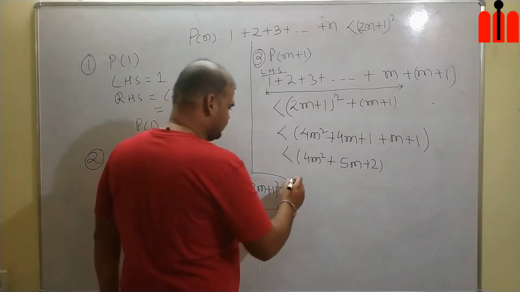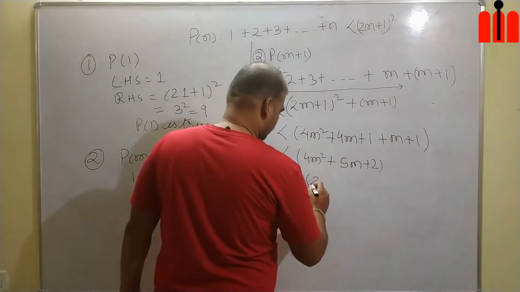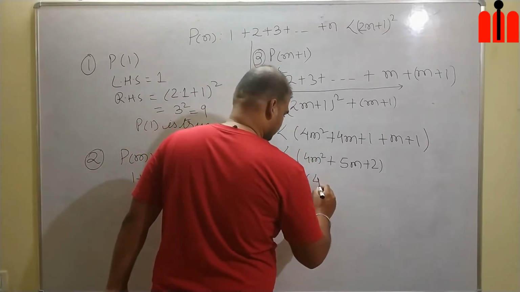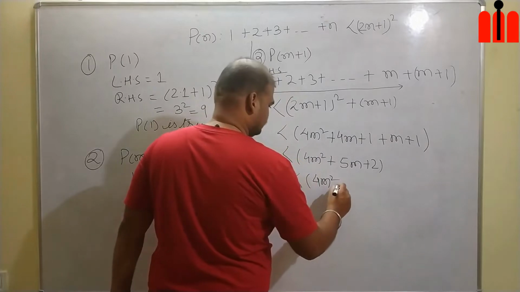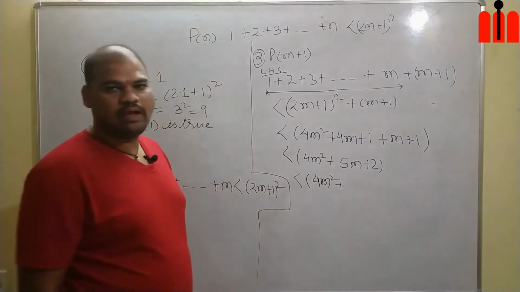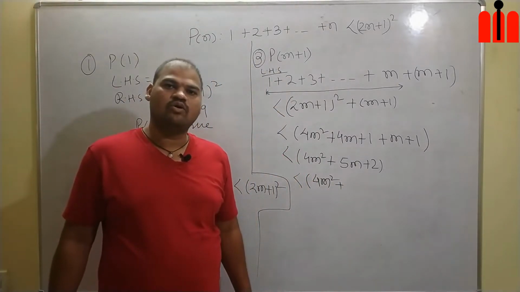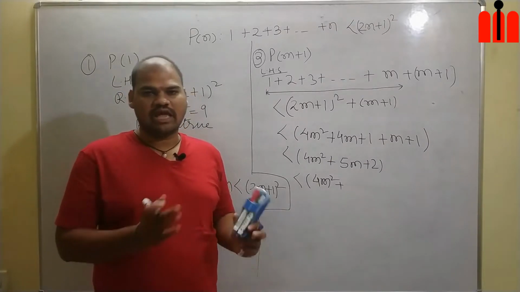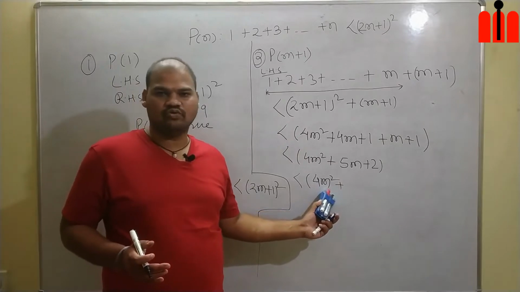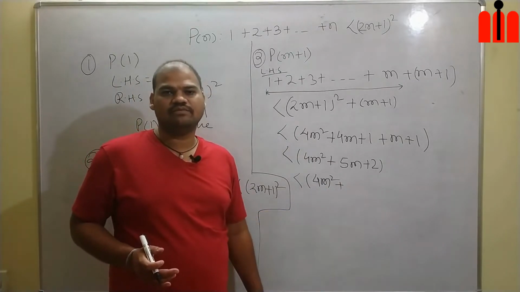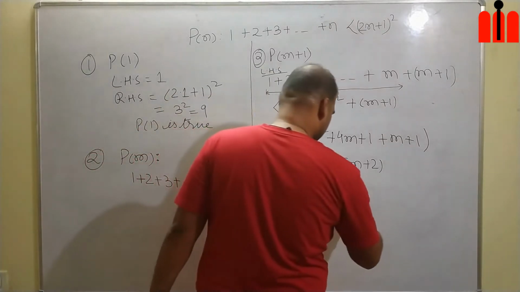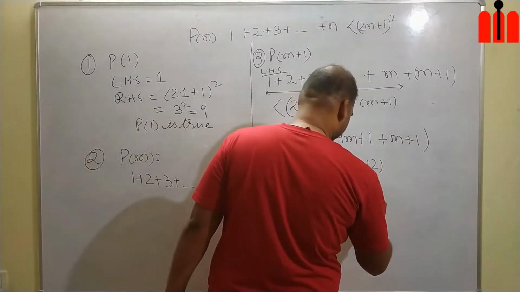So what I will do, in (2m+3)², what will be my m term? m² will definitely be 4m² for (2m+3)². What will be my m term? The m term will be 12. So I have to write 12m.